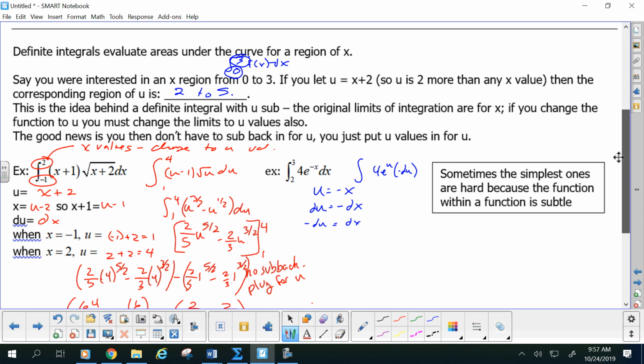Okay, now we need to change the bounds. When x is 2, u is -2, because u is the opposite of whatever x is in this case. When x is 3, u is -3.